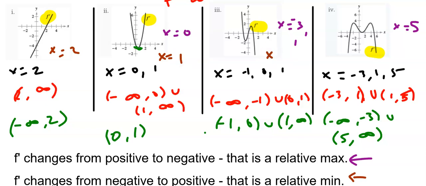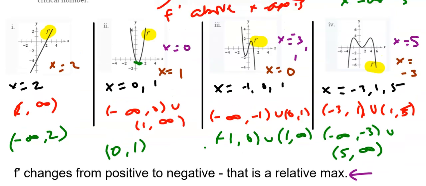Here, on the third graph, it's going to be x equals 0 only, because that's where f prime goes from underneath the x-axis to above the x-axis. And then on this graph, it's just going to be at x equals negative 3. And that's it for this problem. That's a lot of work.